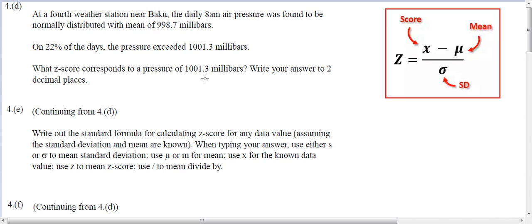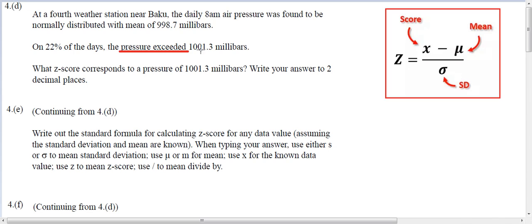Once again, it's a tricky question. You have that on 22% of days the pressure exceeds this value. If you have watched the previous video, you know that z-scores deal with the area up to a value.